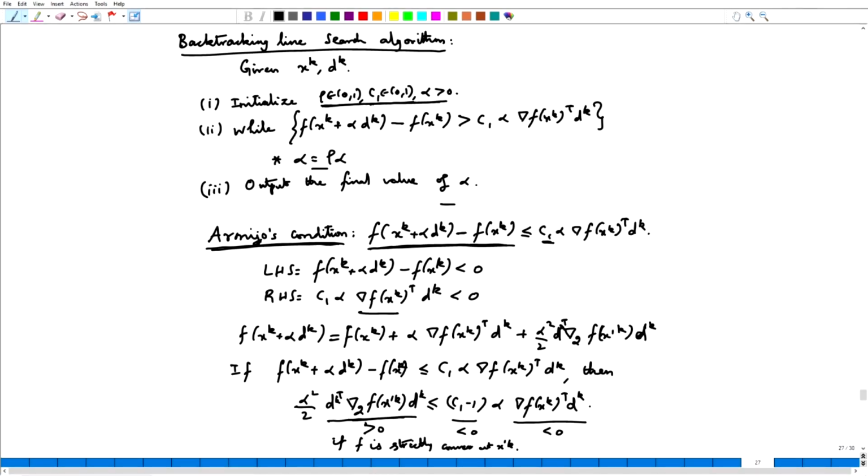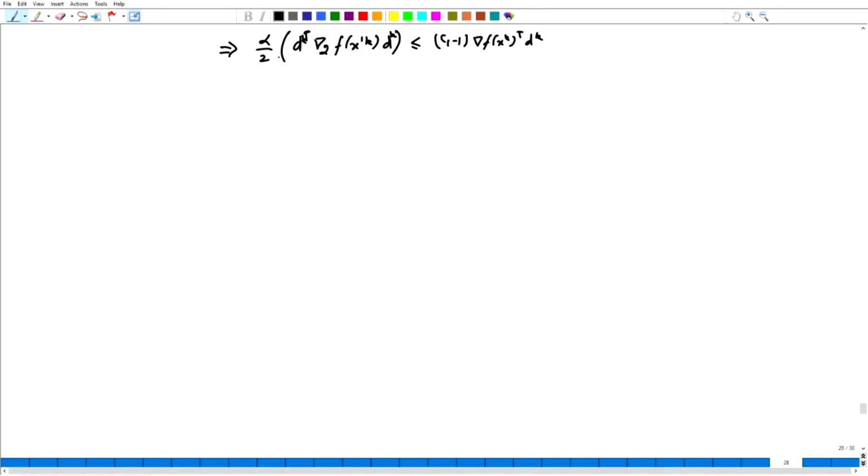So, say you start with some particular value of alpha, okay, say alpha equal to 1, you actually see that Armijo's condition is not satisfied. Okay. So, what does that mean? It means that alpha by 2 d k transpose del 2 f of x dash k d k is greater than C1 minus 1 del f of x k transpose dk, right.